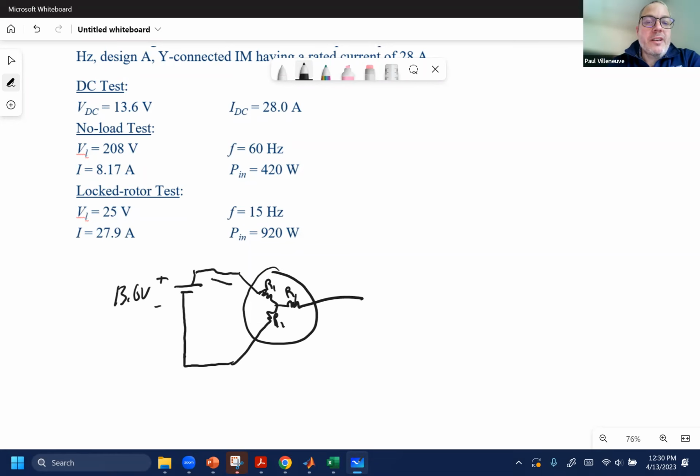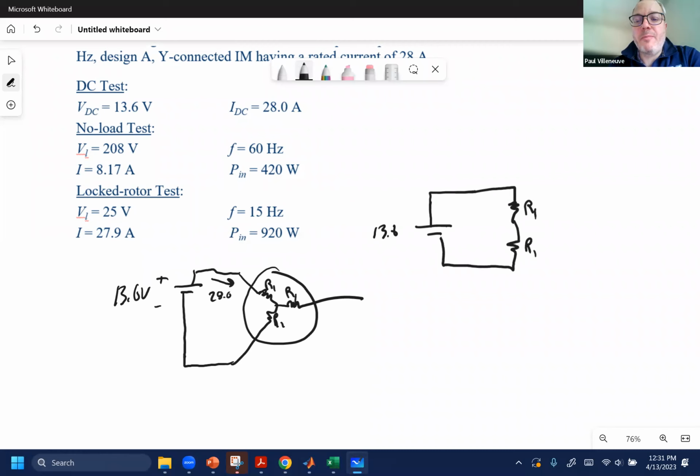And then our current is 28.0 amps going through there. So from Ohm's law, we can rewrite this circuit and simplify it down a little bit. 13.6 volts, we go through one R1, another R1, and then we return back to the power source.